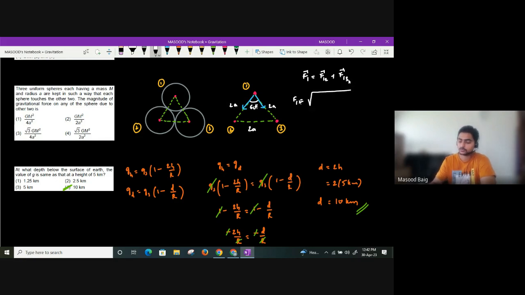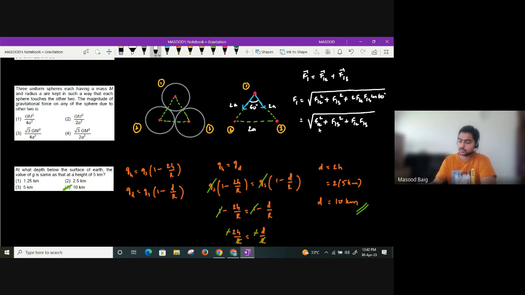Under root, I can write F12 square plus F13 square plus 2 into F12 into F13 into cos of the angle between them, 60 degrees. Cos 60 is anyhow 1 by 2, so I'll get F12 F13.